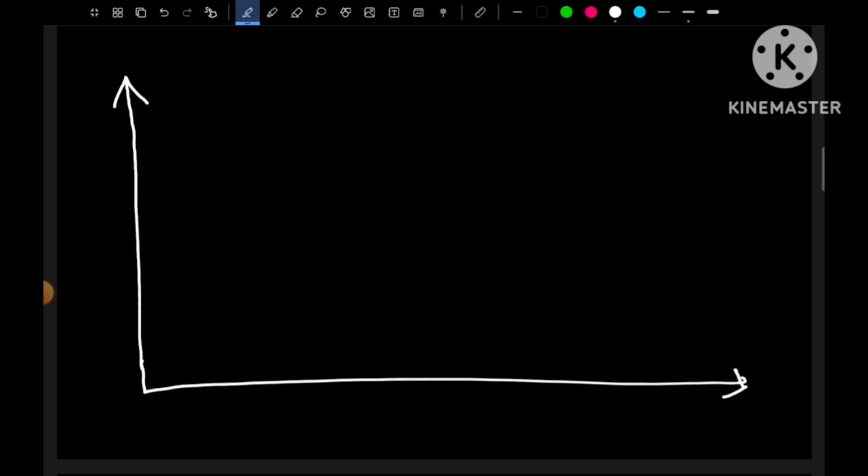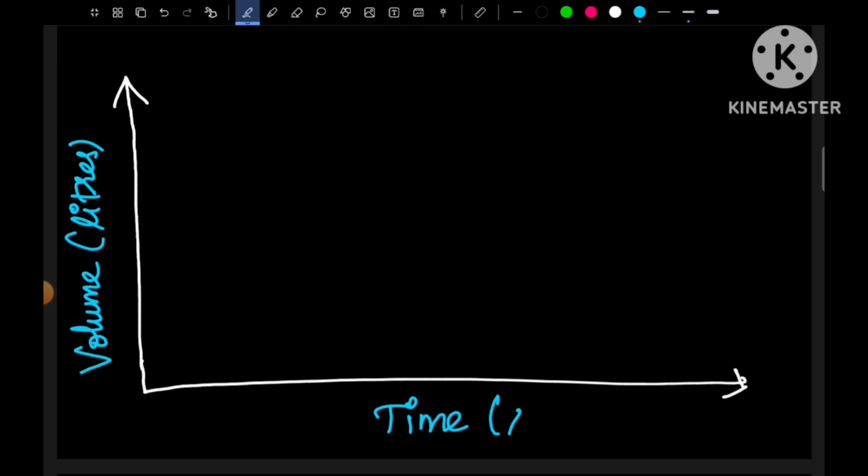The y-axis is volume measured in liters. And the x-axis is time, unit is seconds. So this is the x-axis and the y-axis.